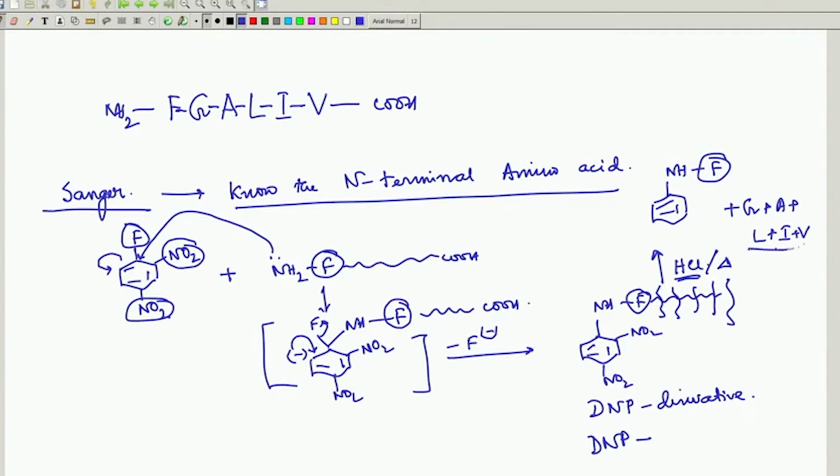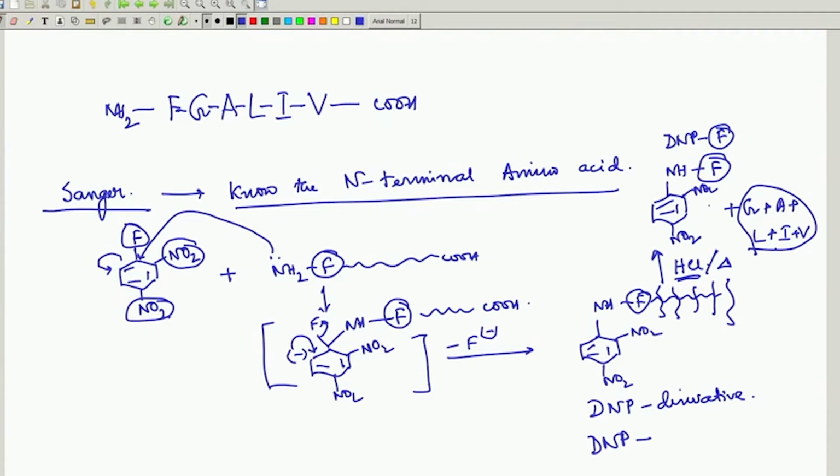So, all these are free amino acids, only one amino acid is attached to the dinitrophenyl group. So, now this will be called DNP phenylalanine. Okay. Now, this is a very good UV chromophore, it has got a color, and you can detect it very easily by doing HPLC. If you do HPLC and then you see where the peak is coming from, the retention time, and it has got a very good chromophore.